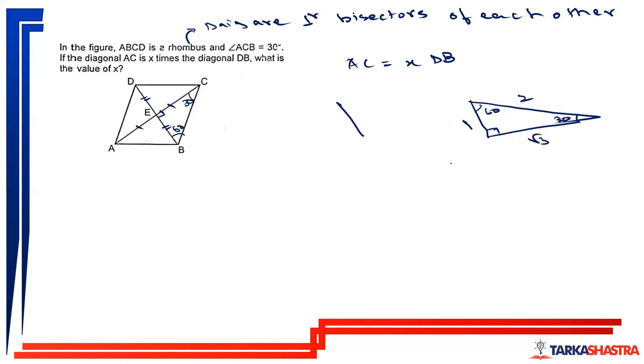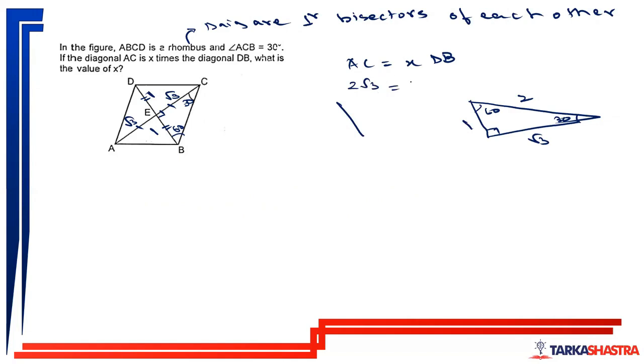And this is basic geometry, or basic trigonometry. Now if this is root 3, this is root 3 because they are bisectors. AE will be equal to half of AC. Similarly, BE will be equal to DE. So this is 1. So AC is how much? 2 root 3. Root 3 plus root 3 is 2 root 3.